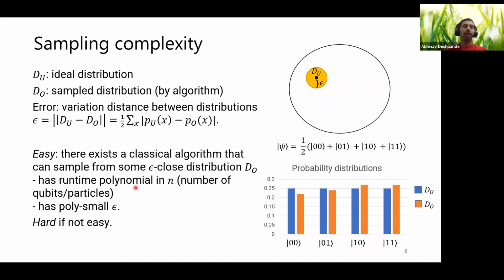Now, it's hard to show that something is hard because you may not have considered all possible algorithms, and hence you may be thinking that it's hard, but maybe in reality there's some clever algorithm that you didn't think of.